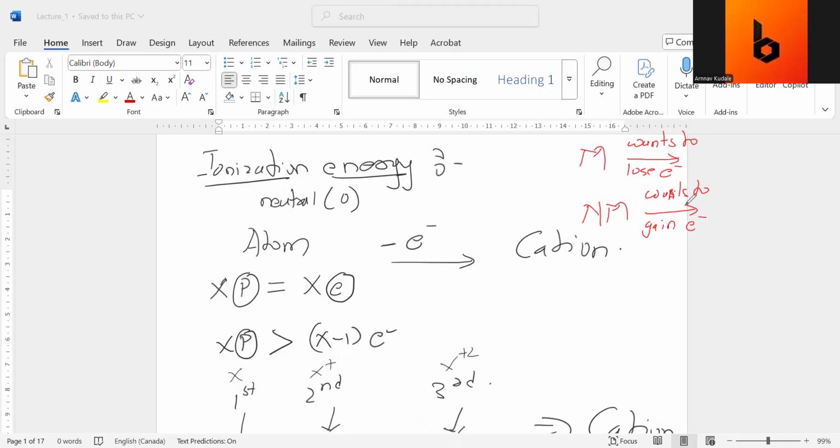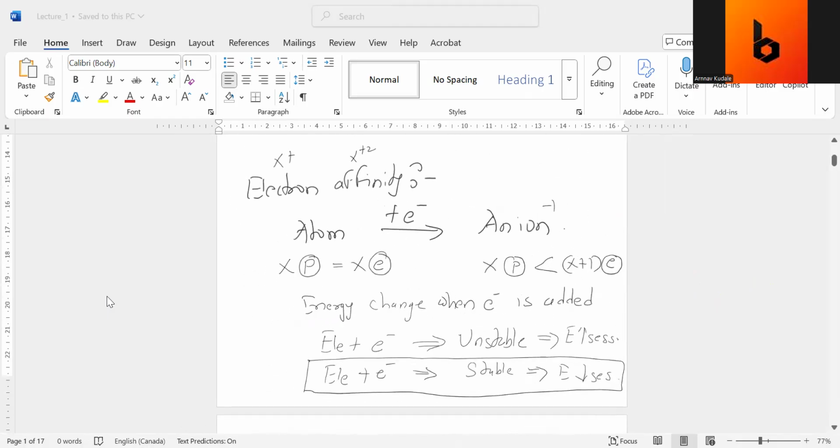Natural tendency. So the ionization energy of metal is lower than that of non-metal. Correct? Any doubt? No. Good. So, I spoke about this.